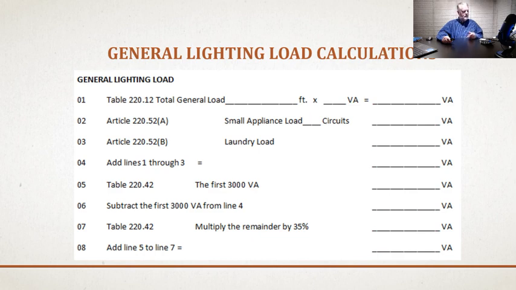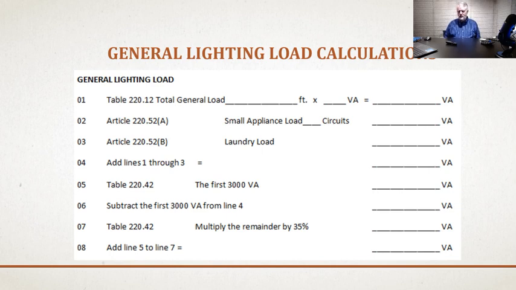Table 220.12, total general load, so you'd have the square footage of the house, and then of course in the space next to that, multiplied by 3 volt amperes, gives us the general load there in line 1. Then on our next line we have 220.52(a), the small appliance loads. Now the code says the bare minimum is 2.